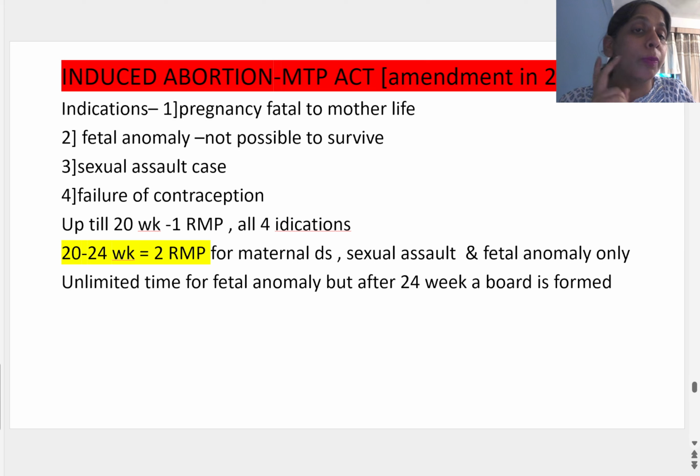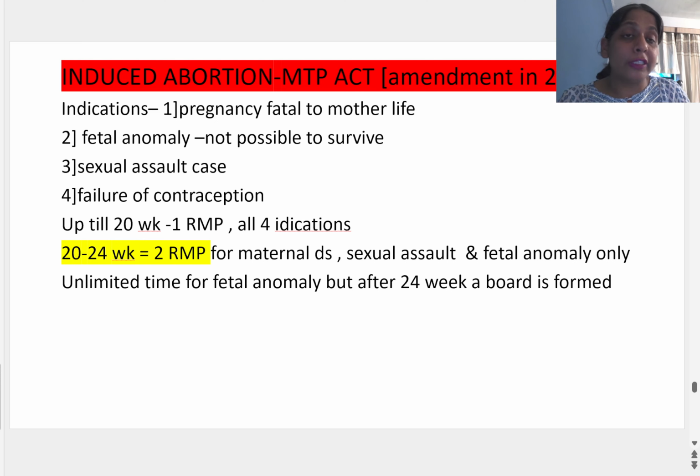They have to give the opinion whether this maternal disease is a maternal disease, sexual assault is a sexual assault case, fetal anomaly is a fetal anomaly or not. The second registered medical practitioner will verify, okay.